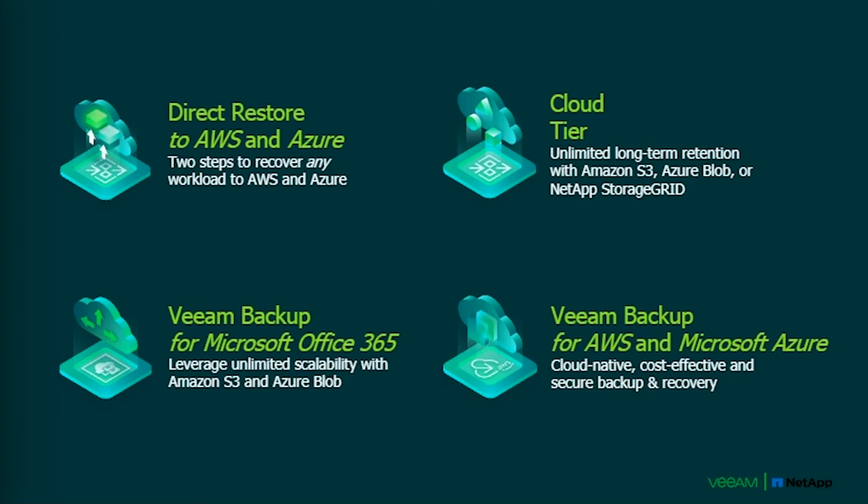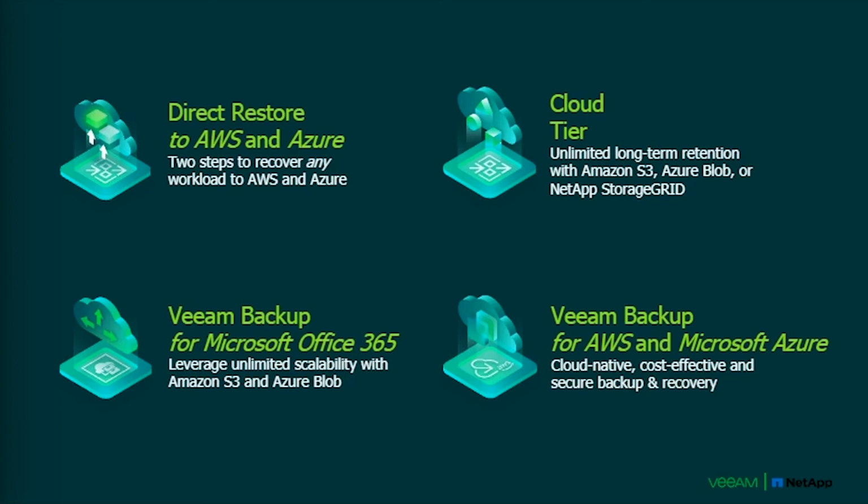A cloud tier capability. This is the ability to use the cloud as unlimited long-term retention, complete tape replacement, if you will, using the power of the scalability of not only Amazon S3 and Azure Blob, but NetApp's own StorageGRID, geo-distributed S3 on-prem technology, as well as fully supported software as a service data protection, such as Office 365.